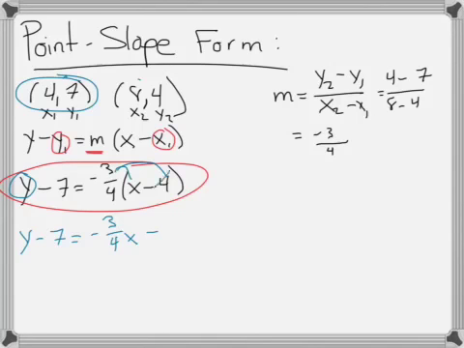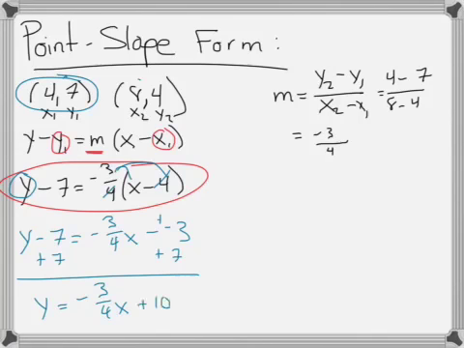The 4's cancel out, so you're left with minus a negative 3. You then want to add 7 to both sides to get y is equal to negative 3/4 x. Now minus negative 3 becomes a plus, so this is plus 10. So now you have your equation in y-intercept form.